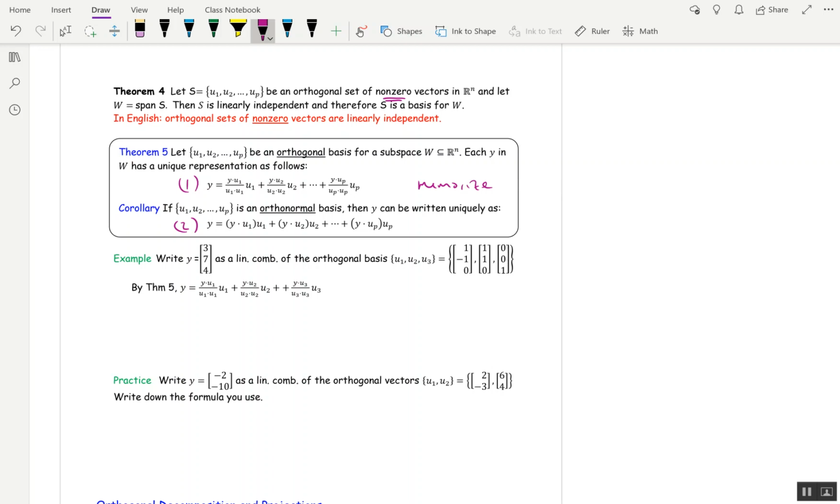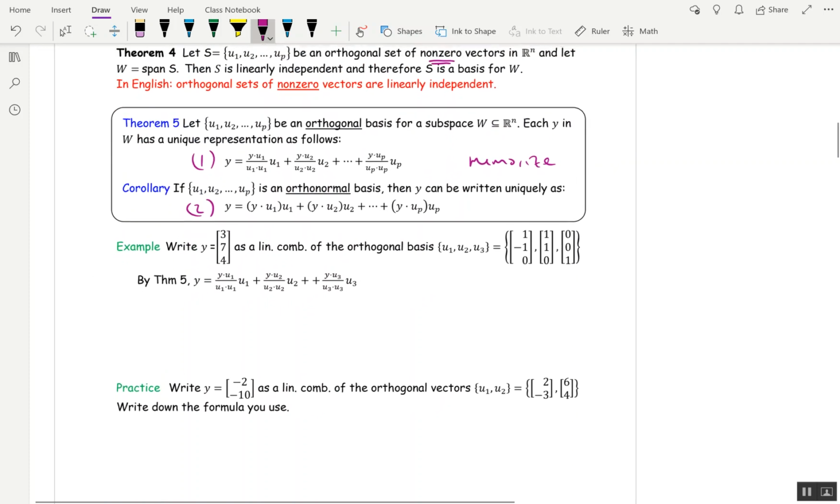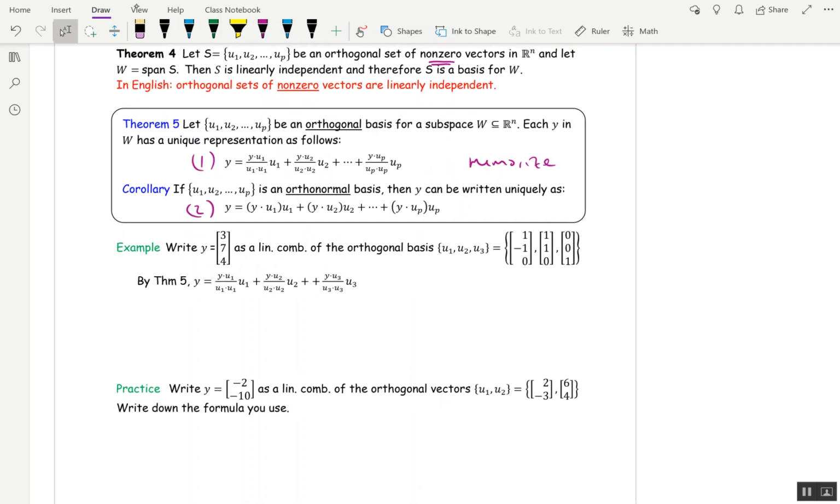So each time you use a formula, you want to write it down, which I did. And let's just compute these quantities. Y dot u1. So y dot u1 is 3, take away 7. That's negative 4. u1 dot u1 is 2. So we have negative 4 over 2 u1. And then we're going to add on y dot u2.